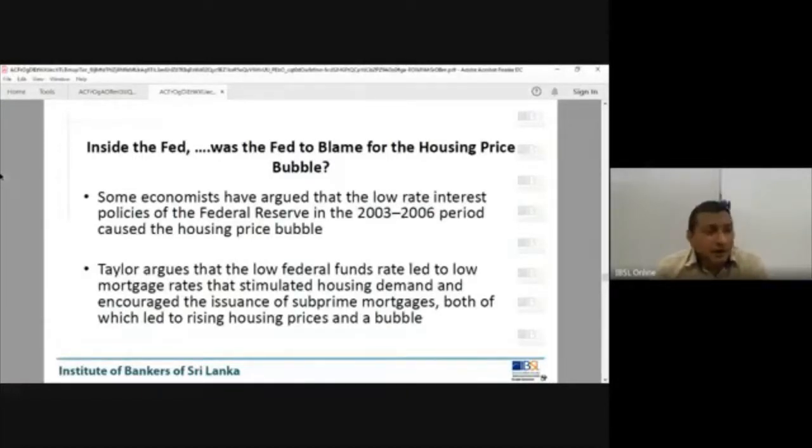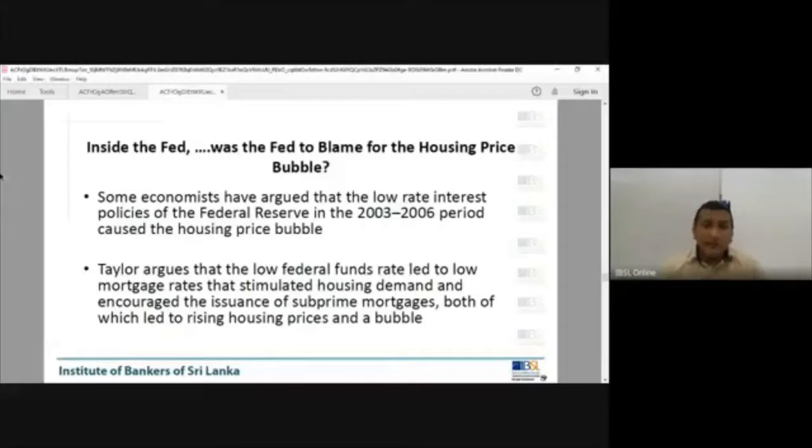Whether somebody requires to be blamed, the Federal Reserve, or it's the general circumstances. This was argued inside the Federal Reserve as well as outside, and you may still read literature arguing for and against.